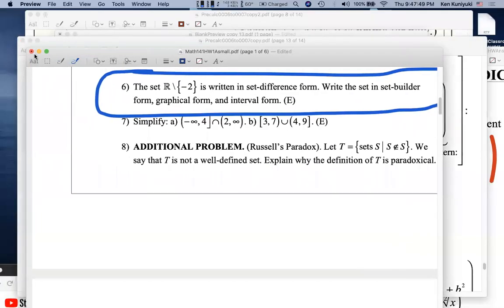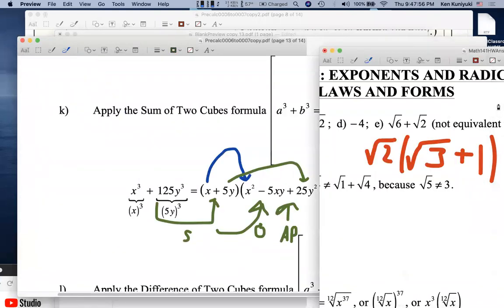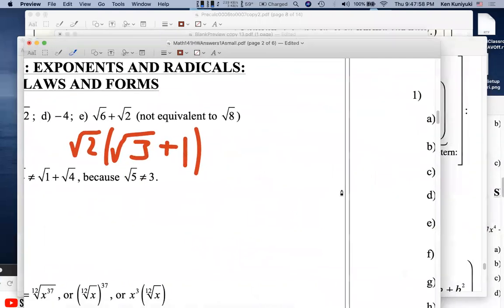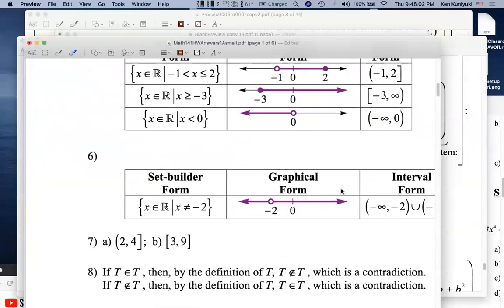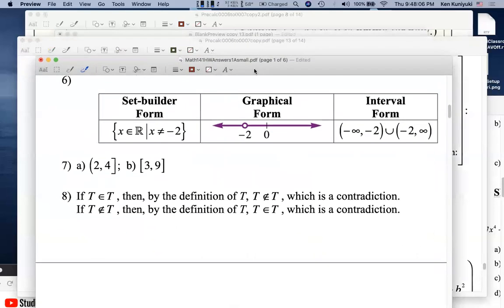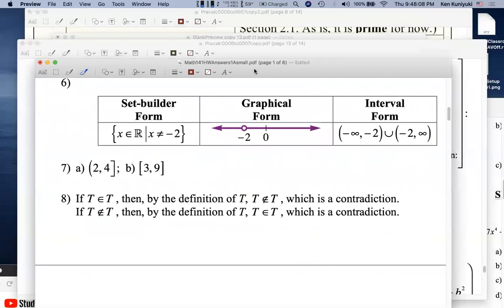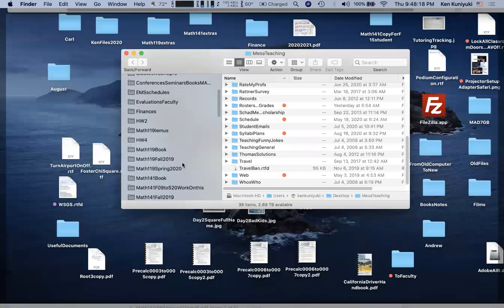So we're doing 0.1 number 6, right? Let me grab the questions again.